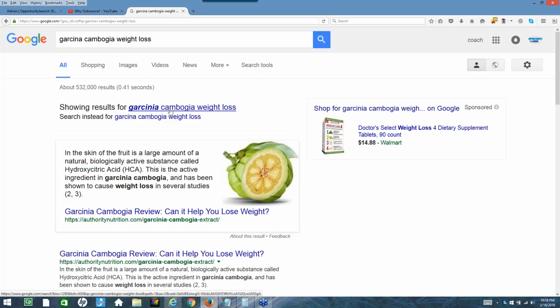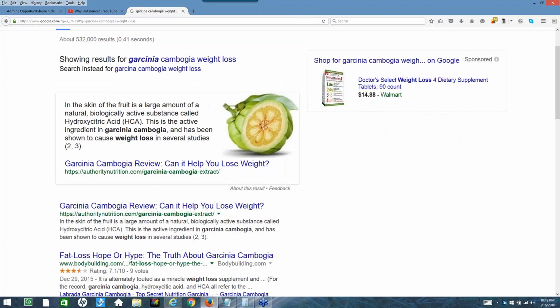But right here, this is a keyword. Garcinia Cambogia weight loss. And this is a gem that all these people on the internet are going crazy over. If you have a network marketing product that has Garcinia Cambogia in it, this would be an ideal word for you to be showing up number one, showing up on the side wall to sell your product.